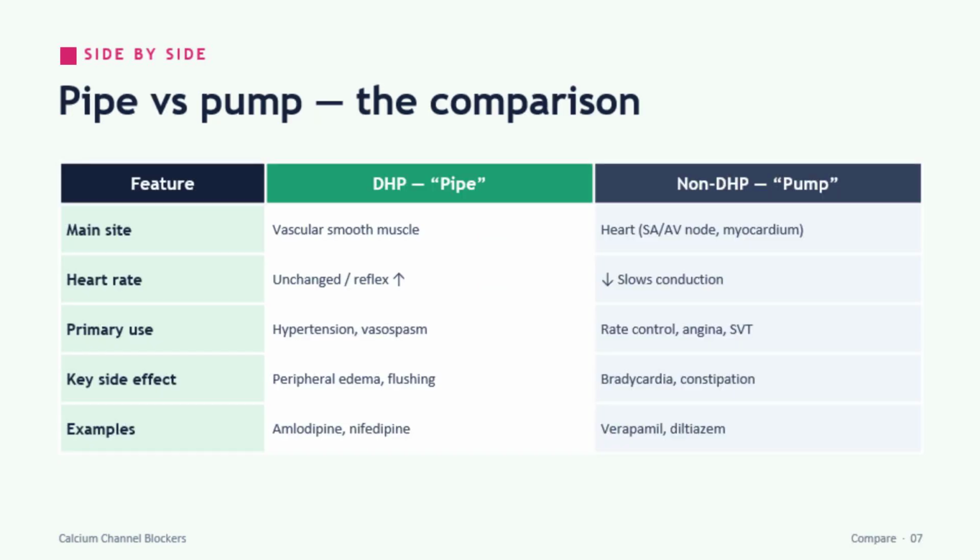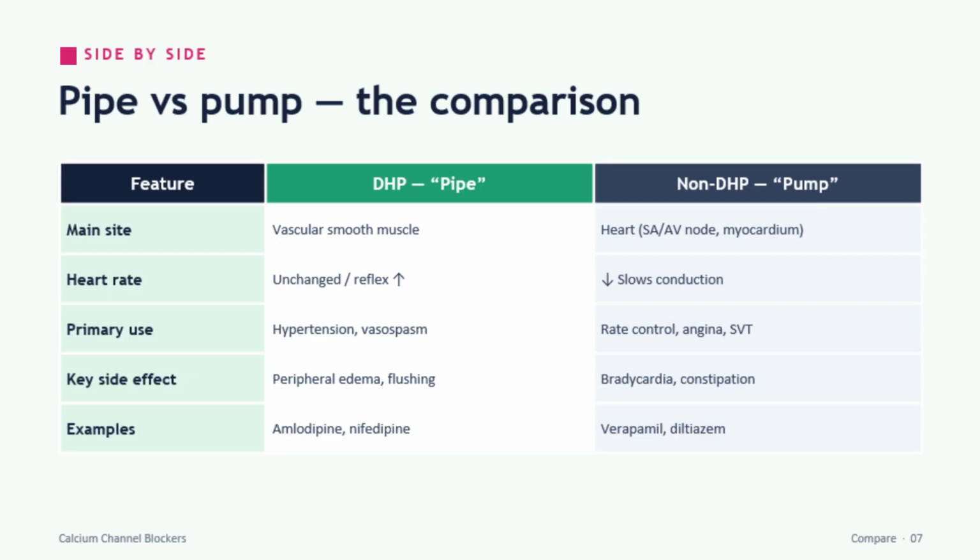Okay, take a breath, because this table pulls it all together, and I genuinely love a good comparison table. On the left, the pipe drugs, the dihydropyridines. On the right, the pump drugs. Look across the rows: where they act, what happens to heart rate, what we use them for, the side effects and the examples.